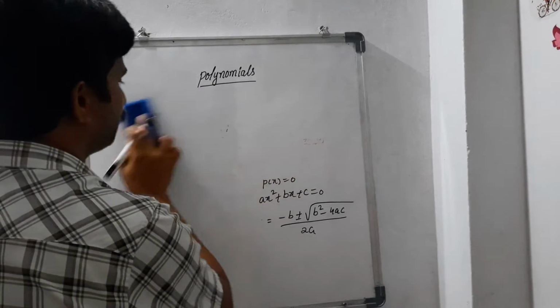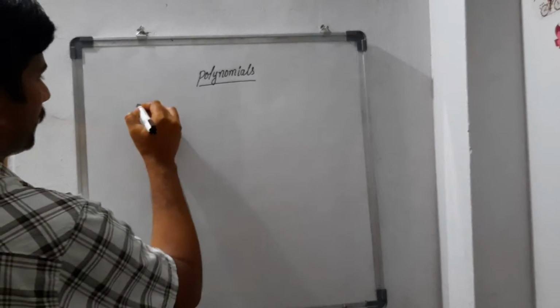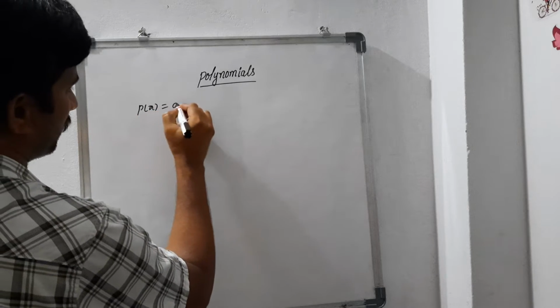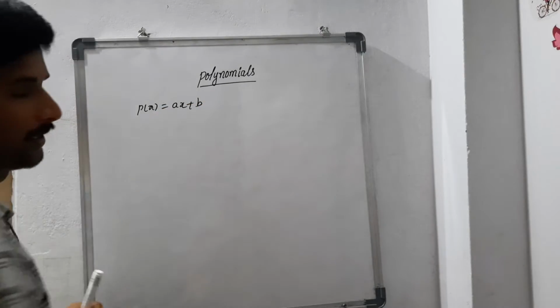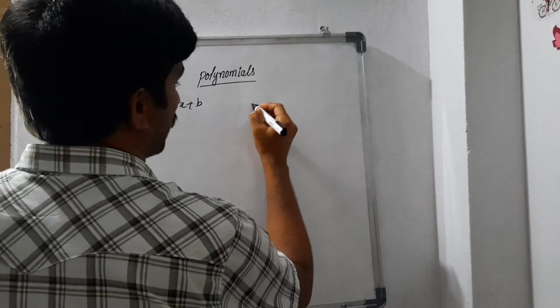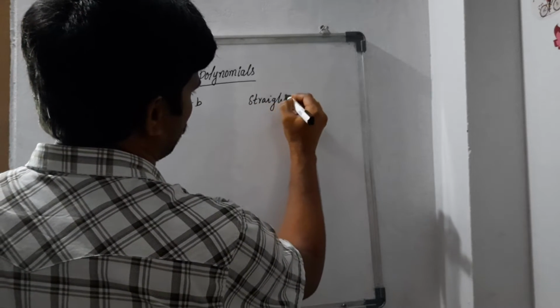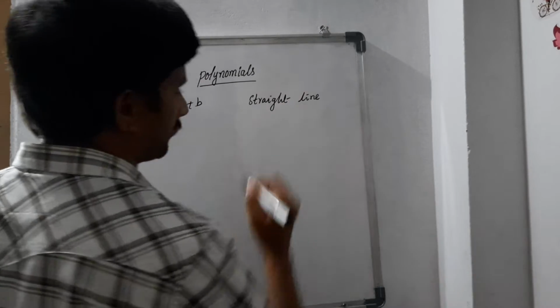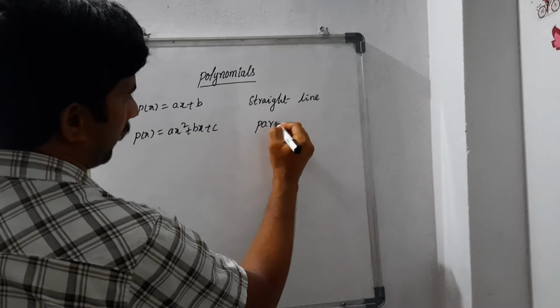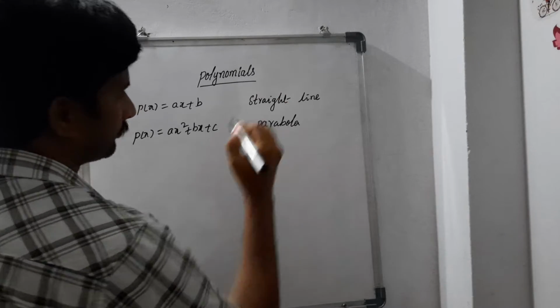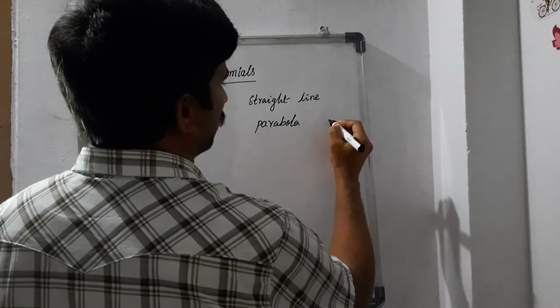Now the graphs of the polynomials. If you take p of x is equal to ax plus b, the graph of a linear polynomial is a straight line. The graph of a quadratic polynomial ax square plus bx plus c is a parabola, like a U shape.